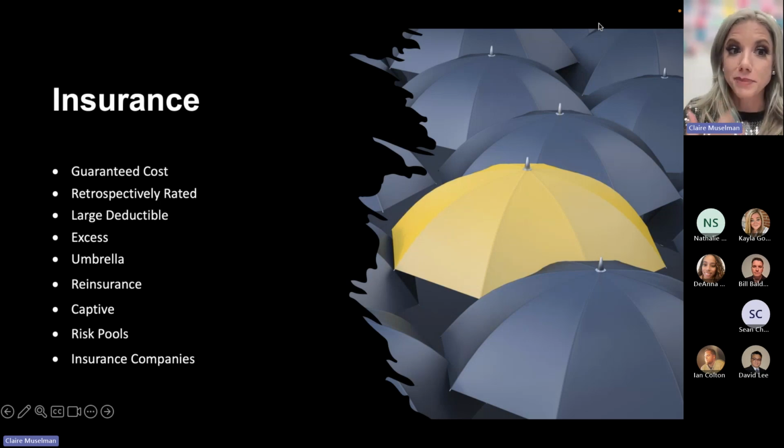So that can be a bigger difference than something like a large deductible. When we look at large deductibles, meaning like $350,000, the employer or the organization will retain that risk, and they pay dollar for dollar up to a specific threshold. So think about that back to your insurance premium.